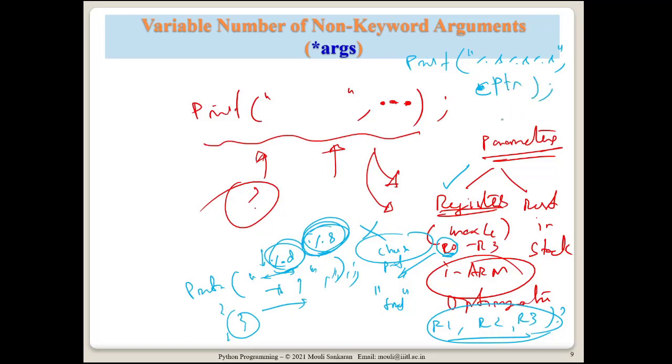Now, will my compiler crib for this? No. I have mentioned 3 format specifiers. I am supposed to have passed 3 parameters here, but I stopped with only one. This is a valid invocation as far as the compiler is concerned, because the format string is there and then you can give any number of parameters. I have given only one.